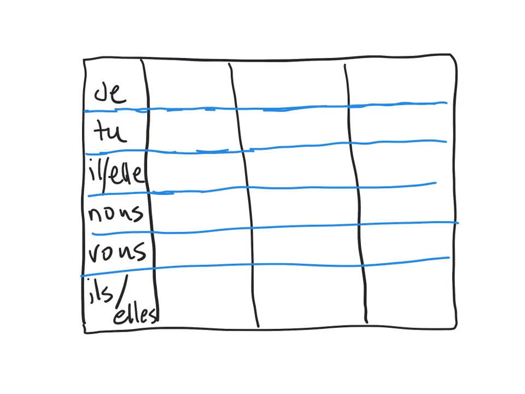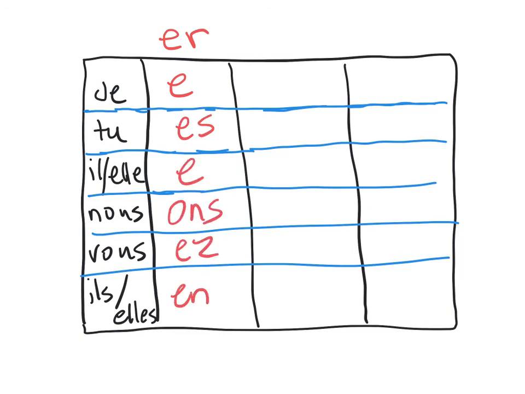So we'll do red for ER. This is our biggest group. So that's E, ES, E, ONS, EZ, ENT. And then we'll do blue for IR, our middle size group.